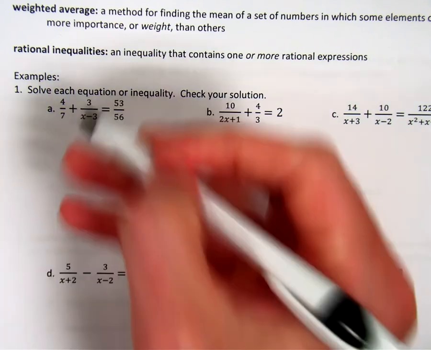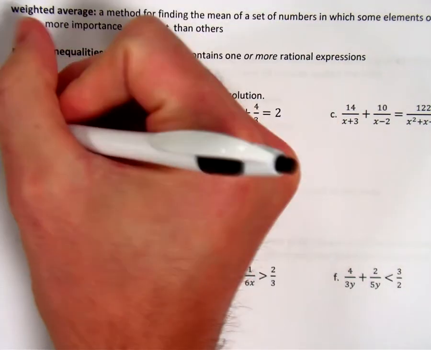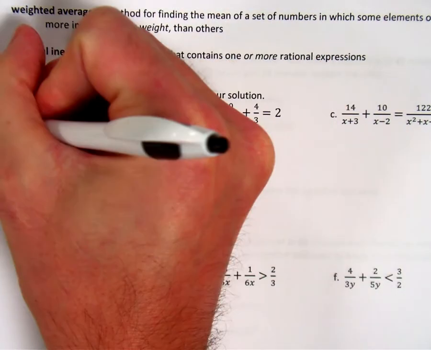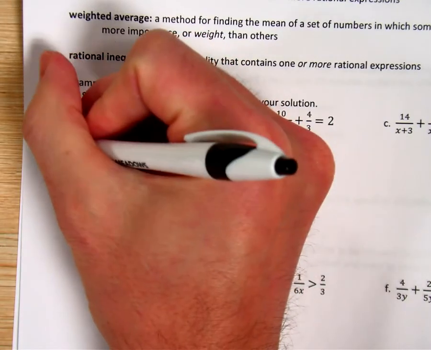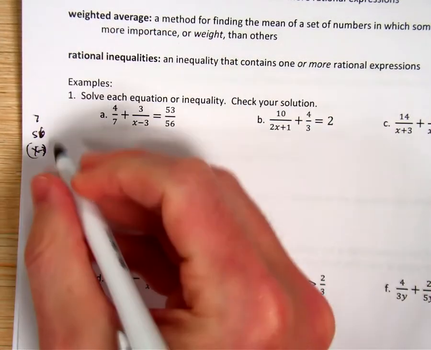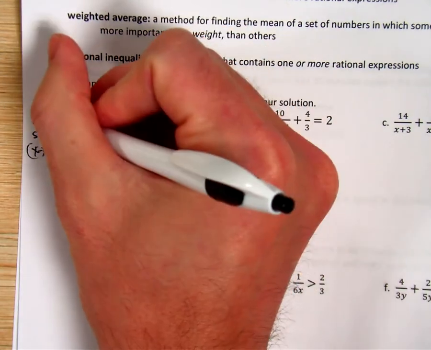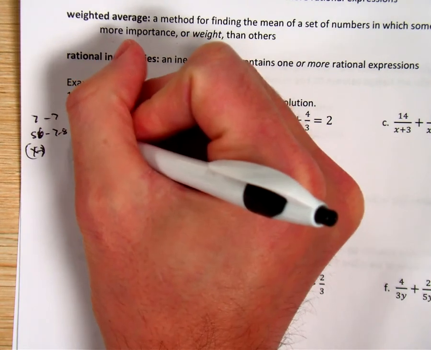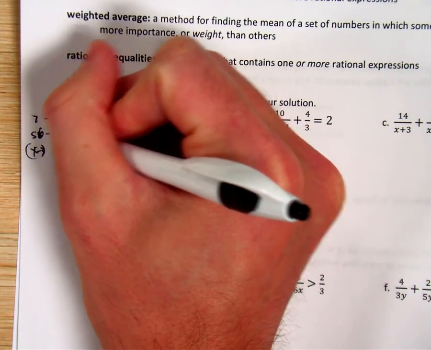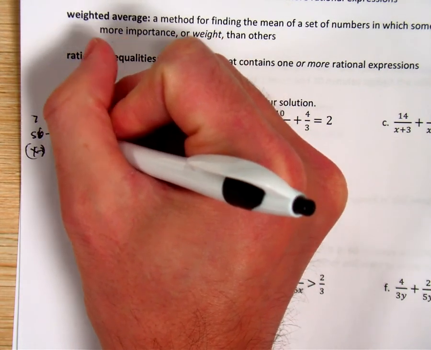So, we have 7, we have 56, and we have x minus 3. Well, that's the only x one we have, so we're going to have to use that. 7 is 7, there's not much to do there. And 56 is 7 times 8, or 7 times 2 times 2 times 2.